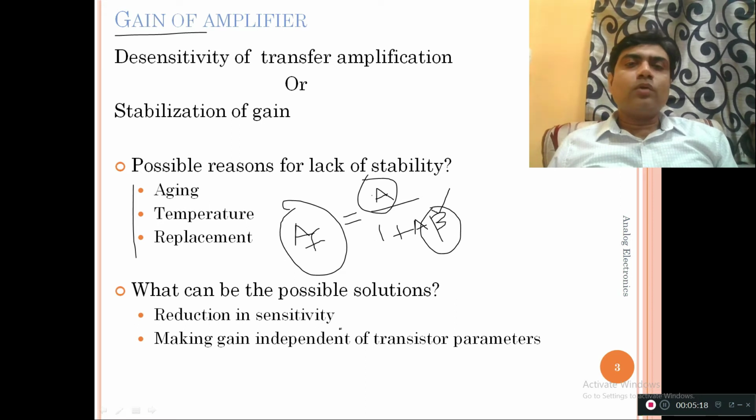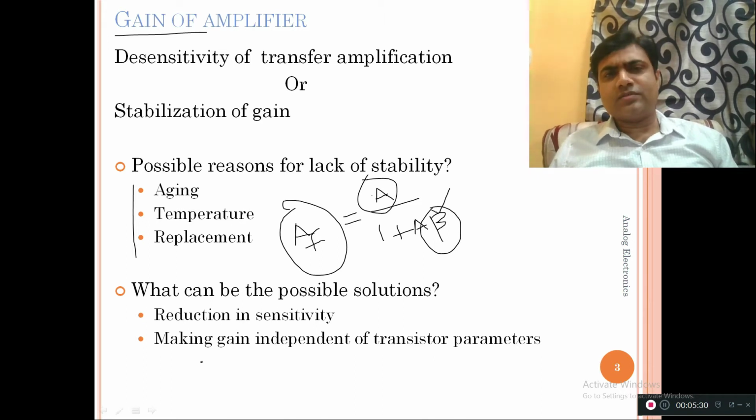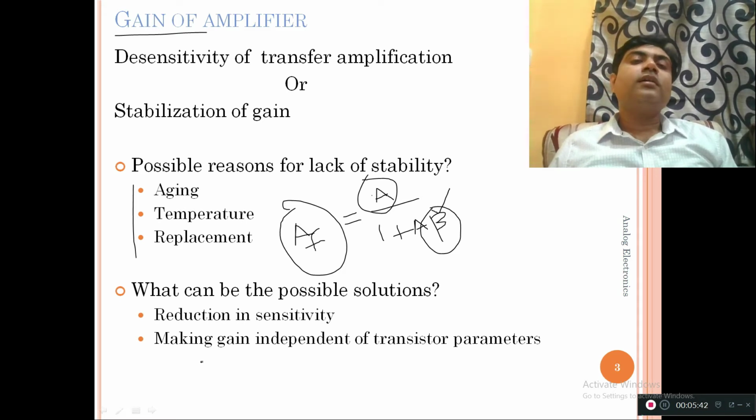So if we are able to decrease the sensitivity, or increase the desensitivity, that is the 1 plus A beta parameter D, which we have already defined in previous lectures as well. Today we will discuss what desensitivity really means, and how it helps us in stabilizing the gain of the amplifier when we apply negative feedback.